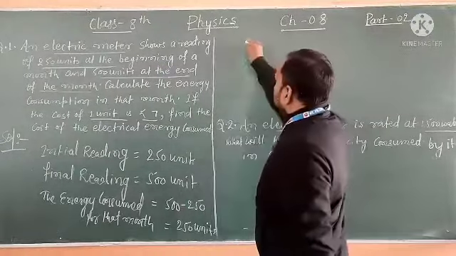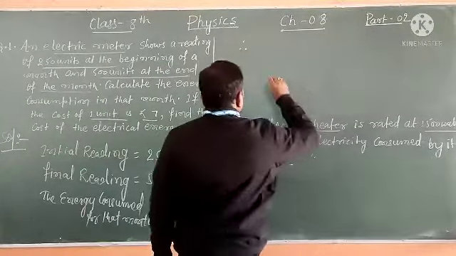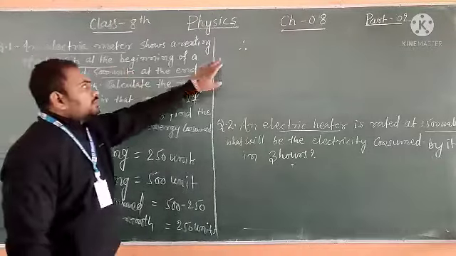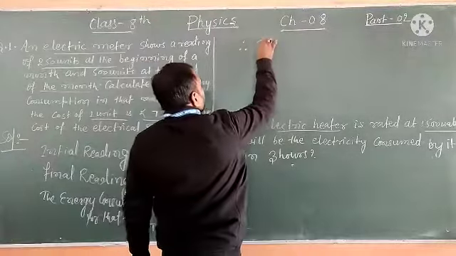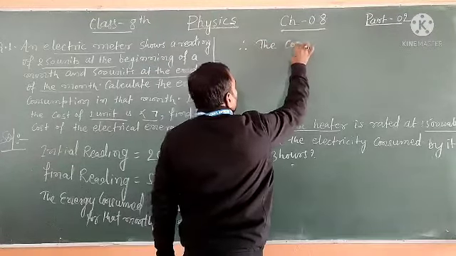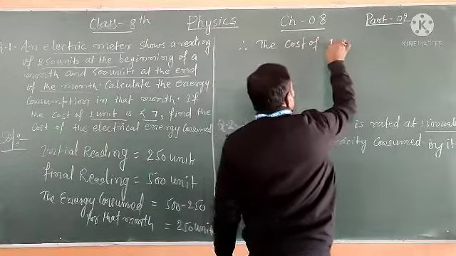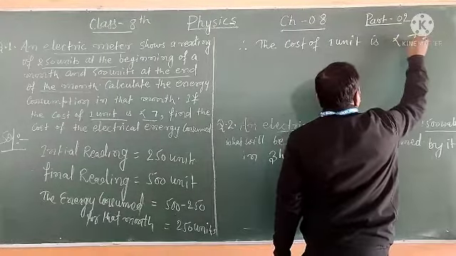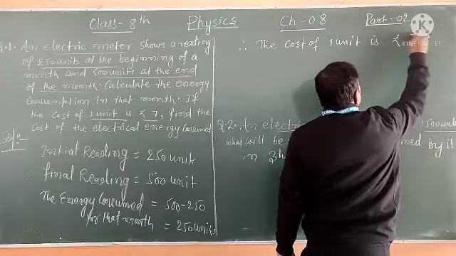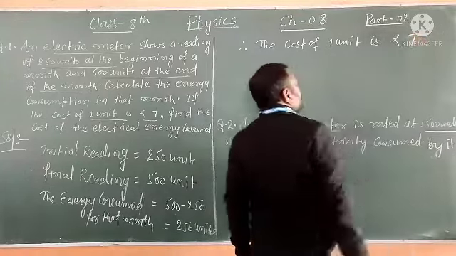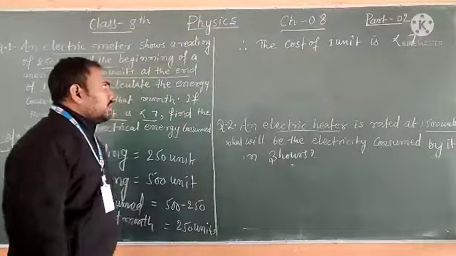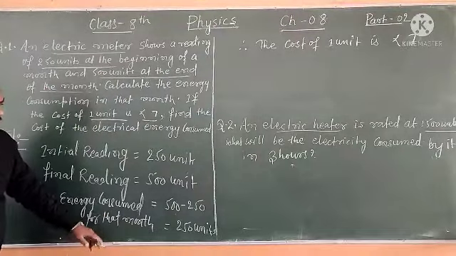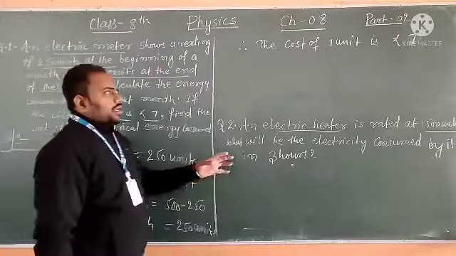As it is given, the cost of 1 unit is 7 rupees, that is charged by the electricity department. So how much amount we have to pay to the electricity department?